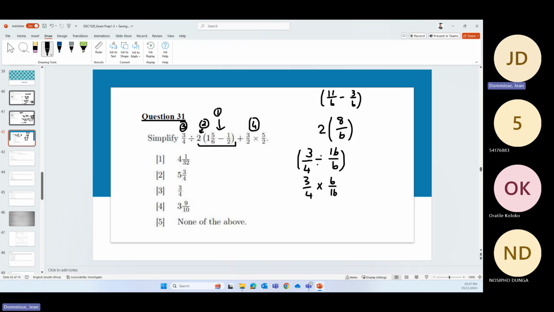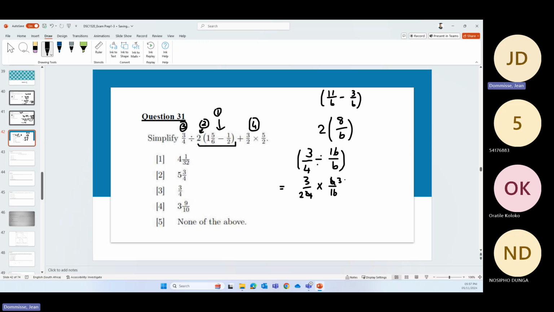And so then that component is a bit sorted out, but let's just see if we can simplify. So we can't, 3 can't go in there. Okay, so 2 can at least go into 4 twice. 2 can go into 6 three times. Else, there's nothing that we can do to that.